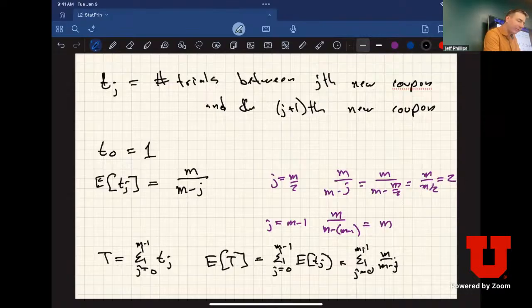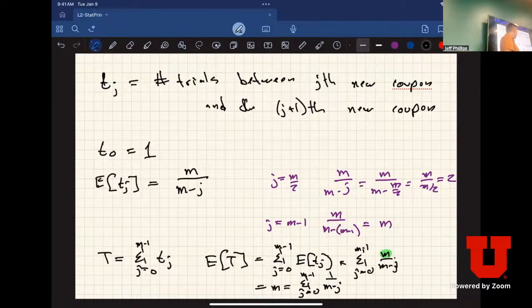Okay, and now I can factor out this factor m. That's a factor in everything. So I can write m times the sum j equals 0 up to m minus 1 of 1 over m minus j. And now we can look at the sum.